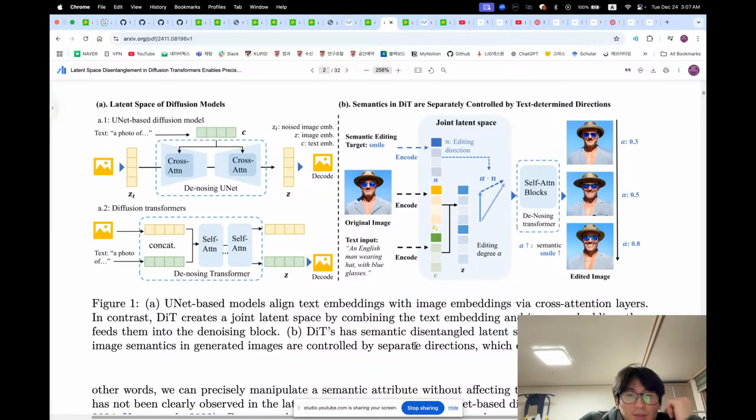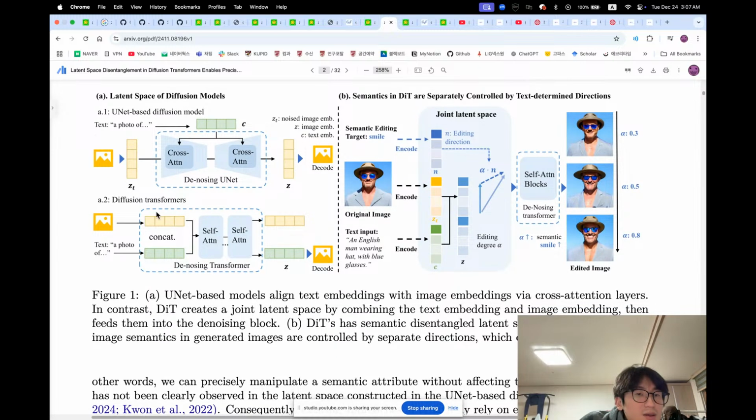UNet-based models align text embedding with image via cross-attention layers. UNet-based diffusion models, text, a photo of, text conditioner. Diffusion transformers, text, a photo of.